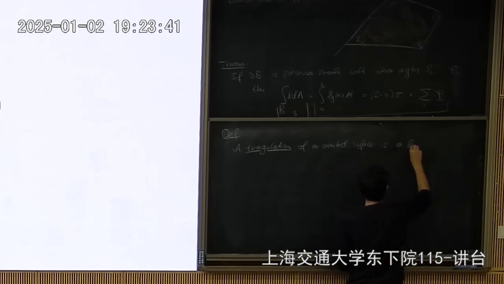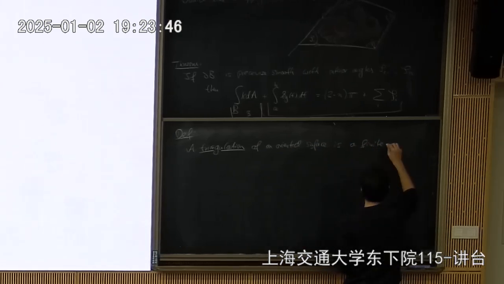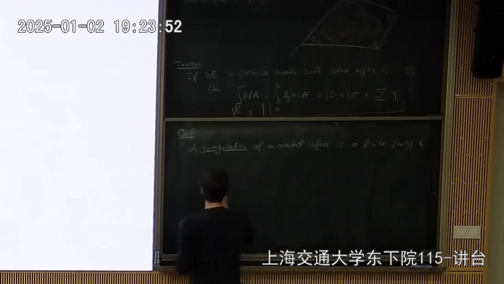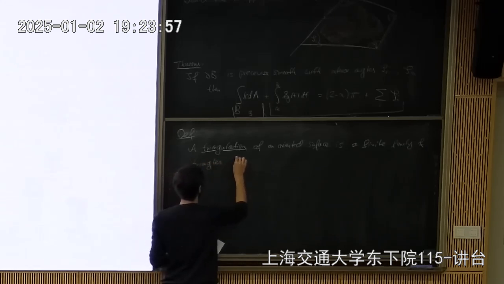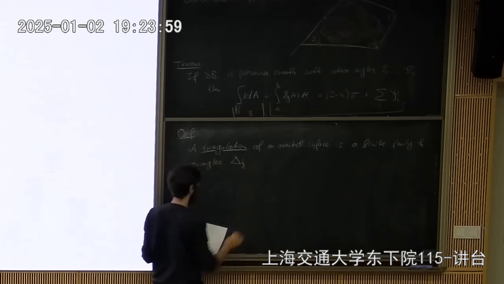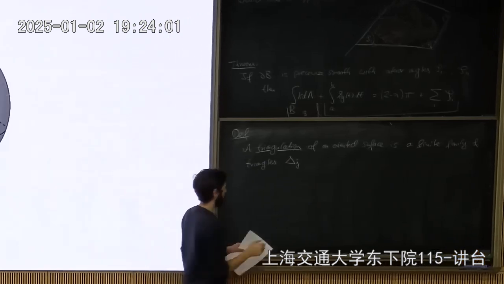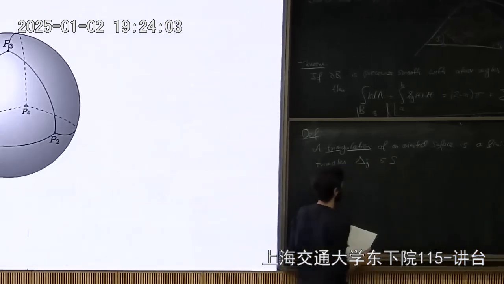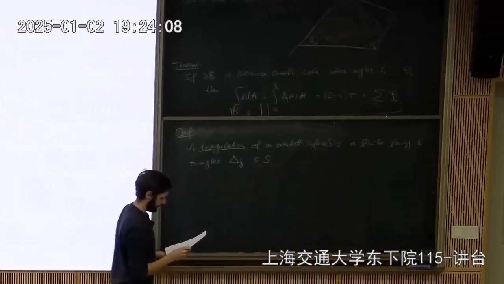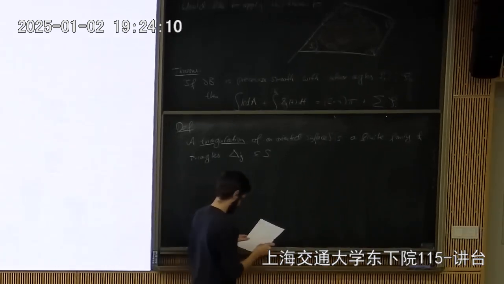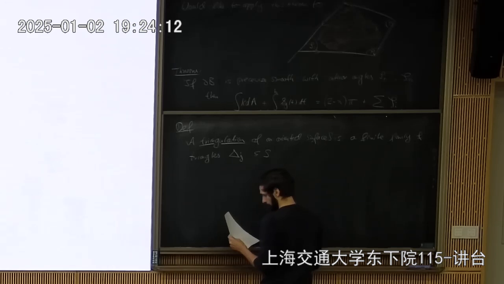A finite number of triangles, call them just triangle with a j, which are living, of course, in our surface S, and which have two properties.